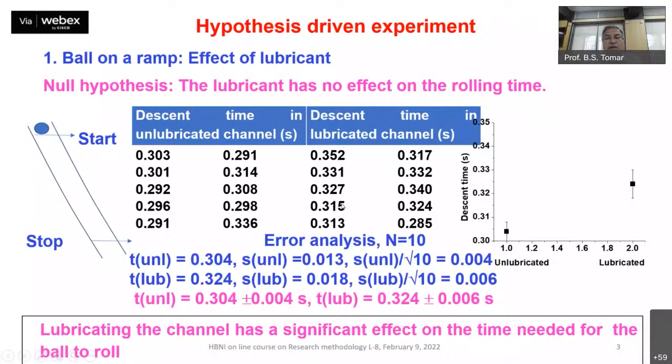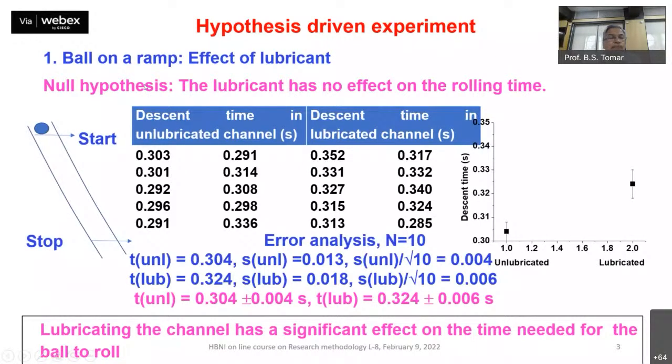Then it was repeated after lubricating the channel, so you have another 10 readings. Now visually you will see they are very close. So from here, you cannot make out whether the lubrication had an effect on the descent time of the ball or not. That is why you require statistical analysis of the data.